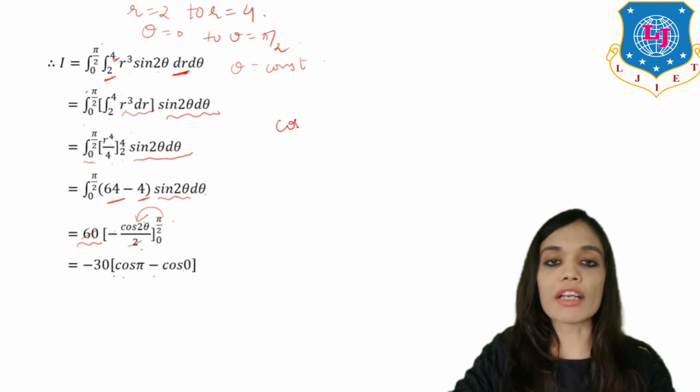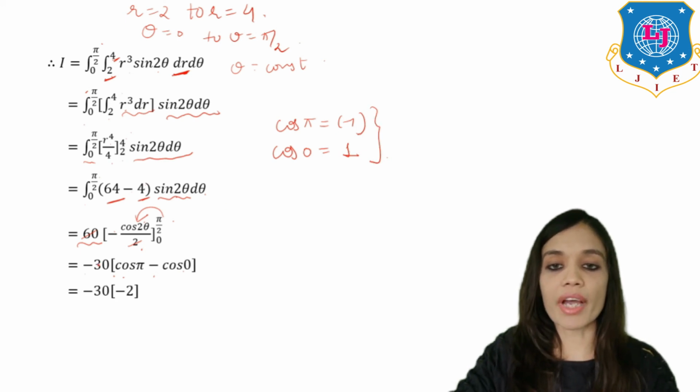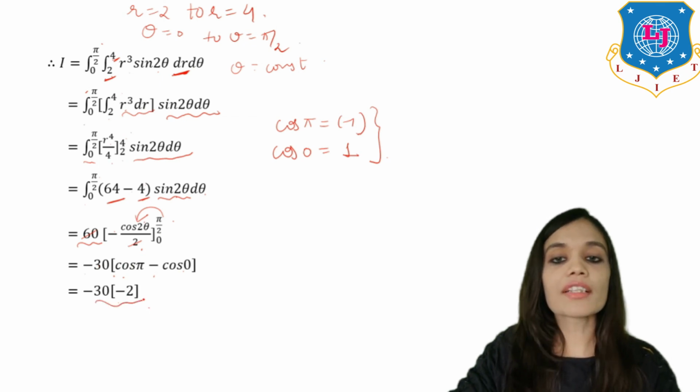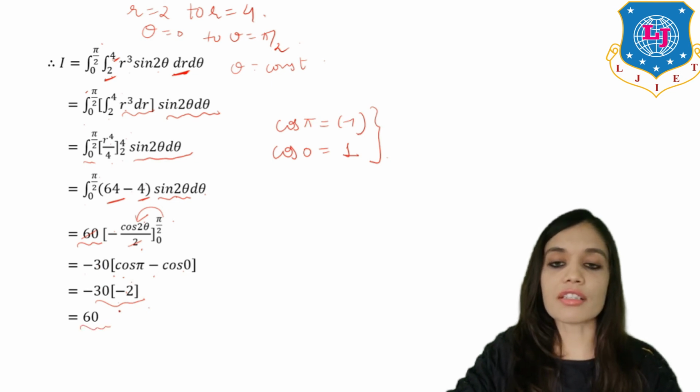Now we know the value of cos pi is minus 1, and the value of cos 0 is 1. Okay, so put these two values, so you will get minus 30 times minus 2. Now multiply these two, minus minus plus, and 30 into 2 will give us the answer as 60.